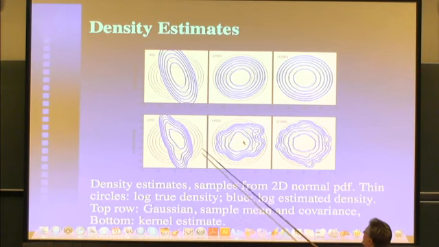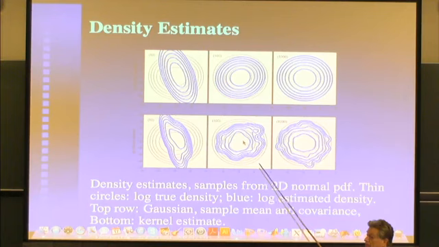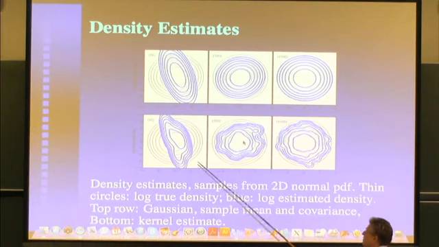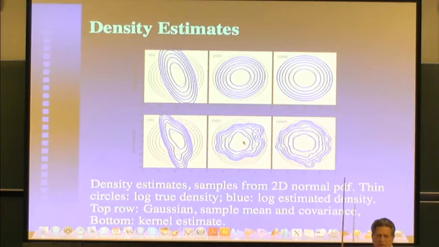This is looking at 10 particles, 100 particles, 1,000 particles, trying to approximate a two-dimensional normal distribution where the contours of the normal distribution are these gray lines. This is a pretty well thought out kernel method. In a kernel method, instead of having delta functions, I have specific functions associated with each point.